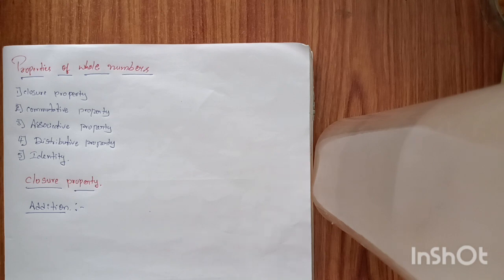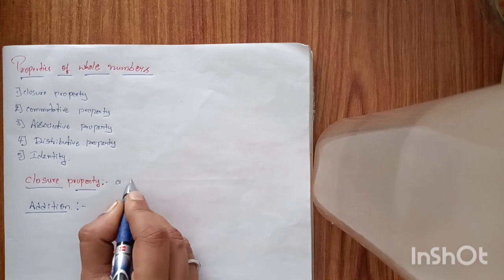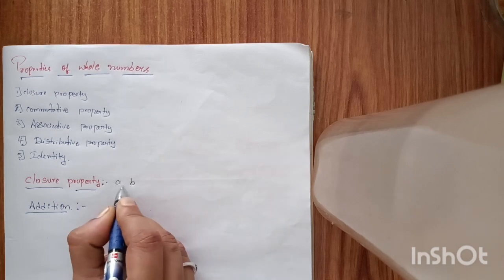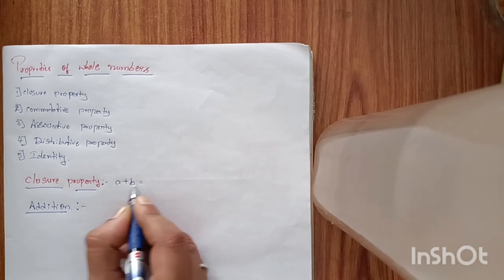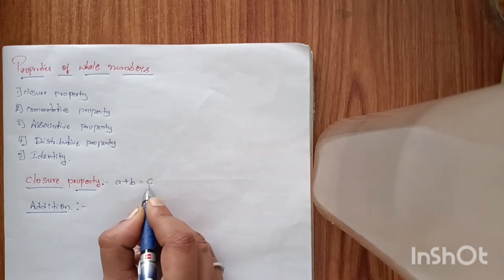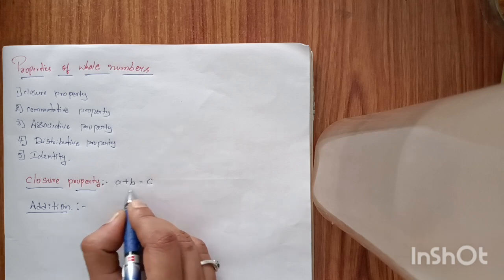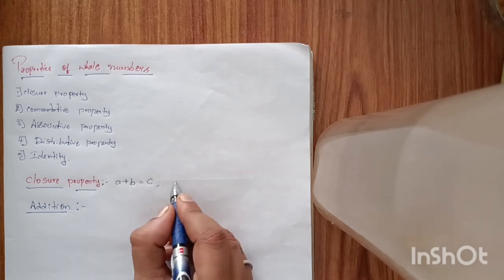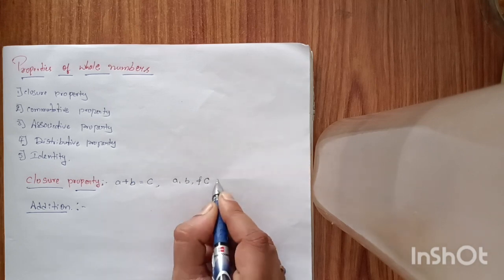That is the closure property on whole numbers. If we consider any two whole numbers A and B and add them, we get C, which is also a whole number, where A, B and C are whole numbers.